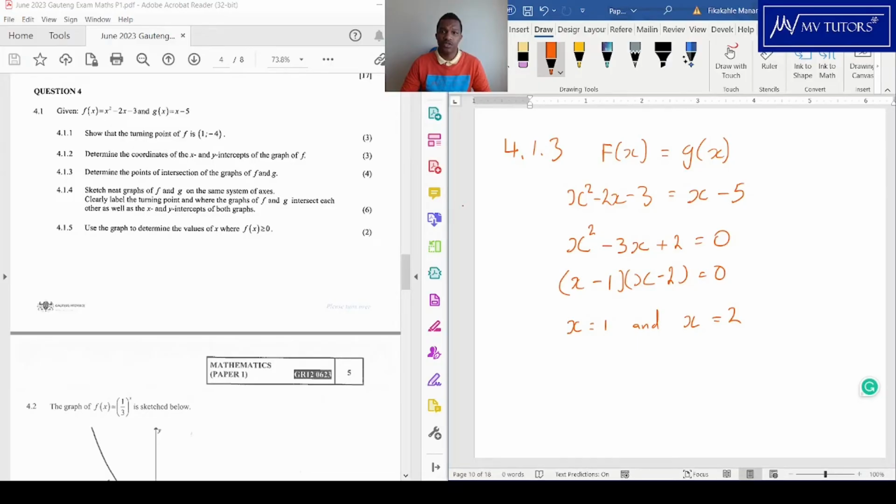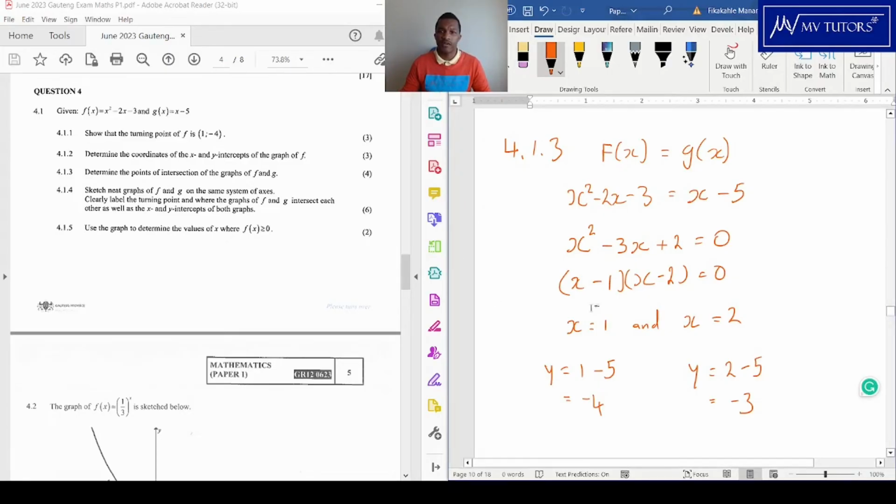That means just substituting 1 here. 1 minus 5 is equal to g of x, minus 4, and on this side it's 2 minus 5, which is minus 3.